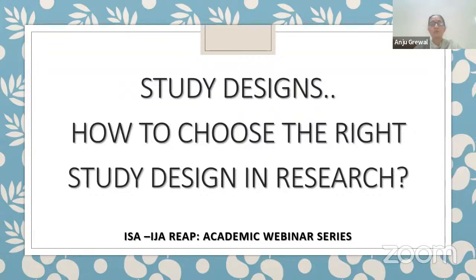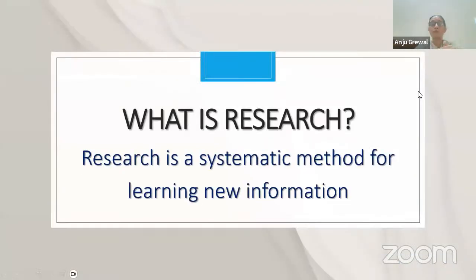As I take you through the study designs and how to choose the study design, I will be looking at the basic concepts that are important for us. We all understand that research is a systematic method for learning new information.